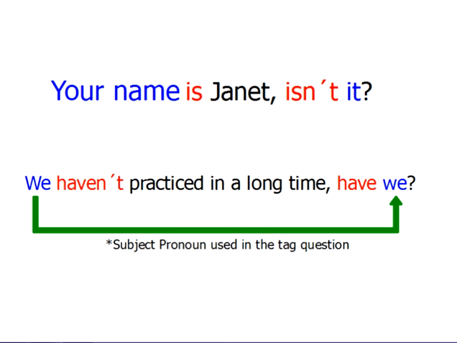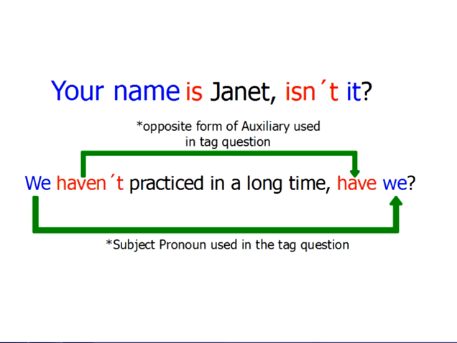It's the auxiliary verb that I need to use in my tag. In the first part of the affirmation, it's a negative, haven't, so I need to use the opposite of that. I use the opposite form of the auxiliary to make the tag question. So my tag question is, have we? We haven't practiced in a long time, have we?